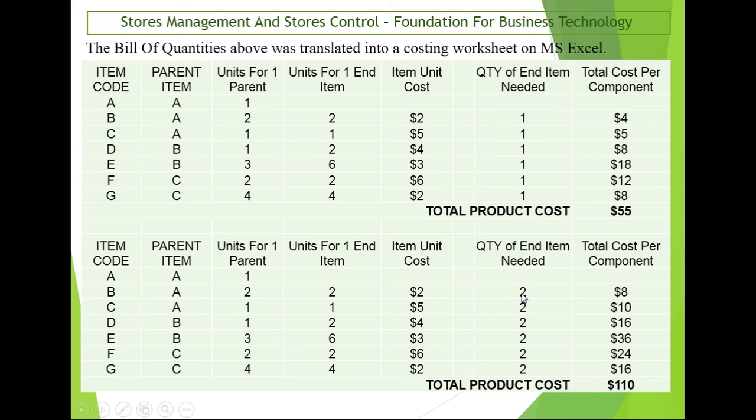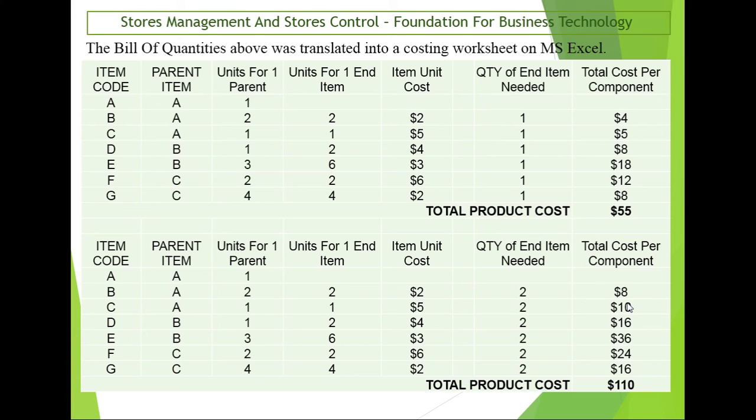So in which case we are now multiplying that times 2 to get 8. 1 times 5 times 2 to get 10. 2 times 4 times 2 to get 16, and so forth. So whatever quantity you plug here now tells you the cost of making the whole order. So that is the cost to us, the material cost for making the whole order.